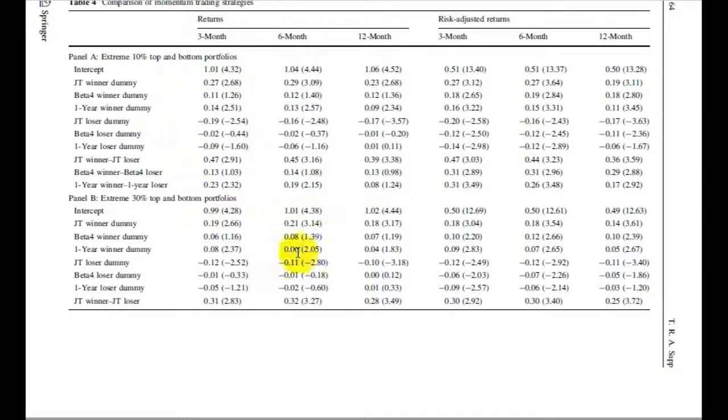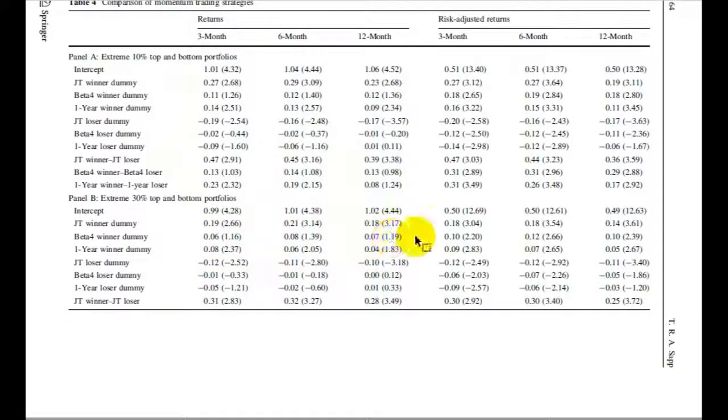They're still statistically significant. So here the winner minus the loser gets an extra excess 0.31 instead of 0.7. And as we saw in the 10% case, the JT long strategy gets us positively significant returns, as does the 52-week strategy.